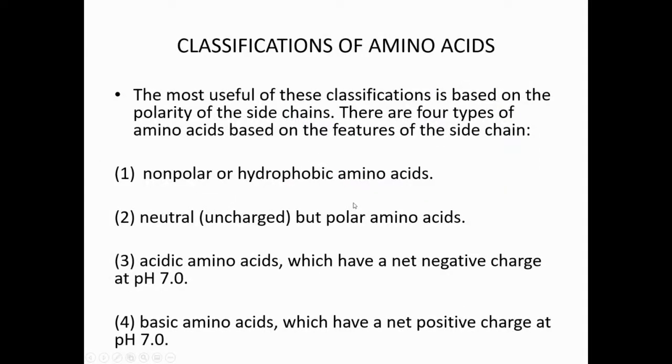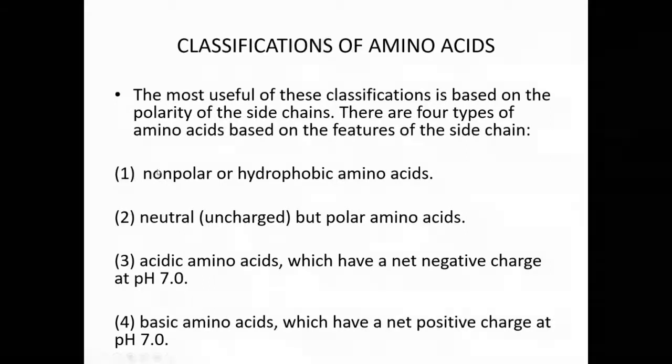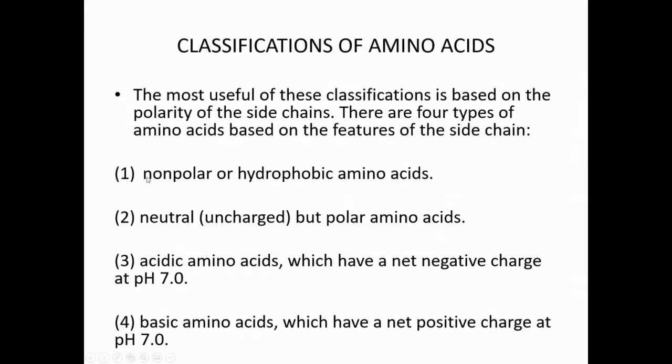Normally there are 20 amino acids that we find in proteins, the most common ones. Based on their properties, these 20 amino acids can be classified into 4 different groups. The first is non-polar, which is the hydrophobic amino acids. The other 3 groups are polar; only the first group is non-polar.